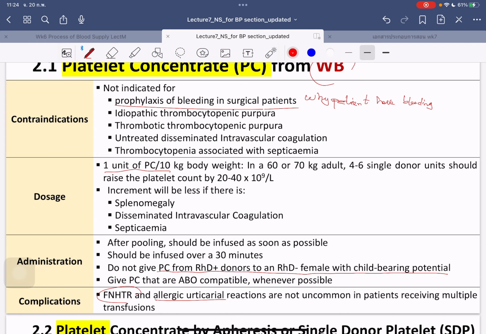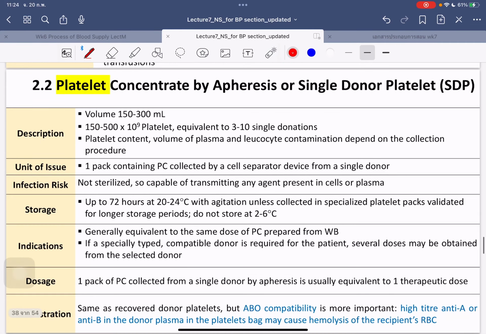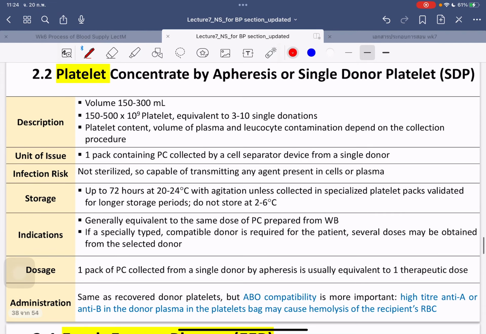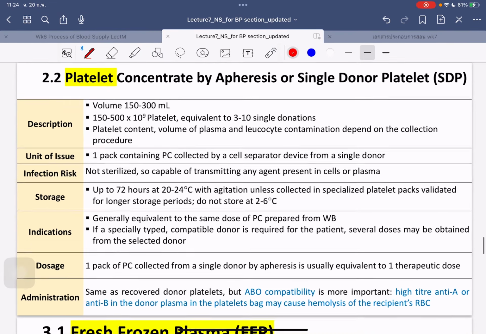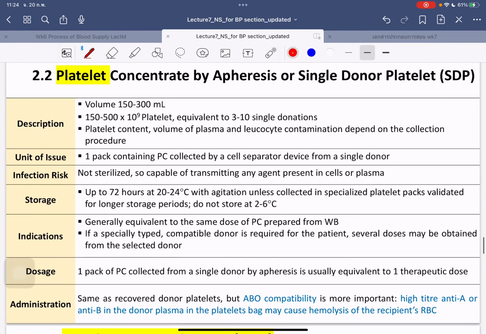The next one is platelet concentrate from apheresis. For apheresis, as I already told you, you can separate just one blood component from the donor, and the remaining components go back into the donor. The volume is around 100 to 300 ml.